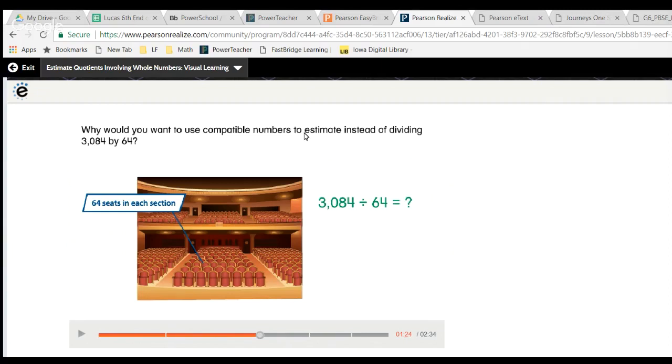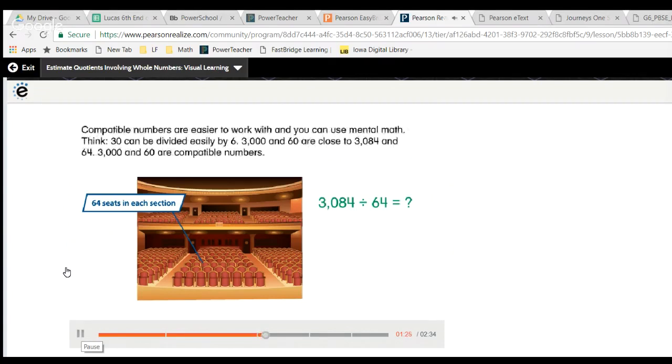And when we're not looking for an exact answer, we want to make that problem easier. If you can't do the compatible numbers in your head, that's okay too. It should still be an easier problem for you to complete. If we're using compatible numbers, we shouldn't be ending up with remainders or decimals. These are numbers that we should be able to divide and get a whole number answer.